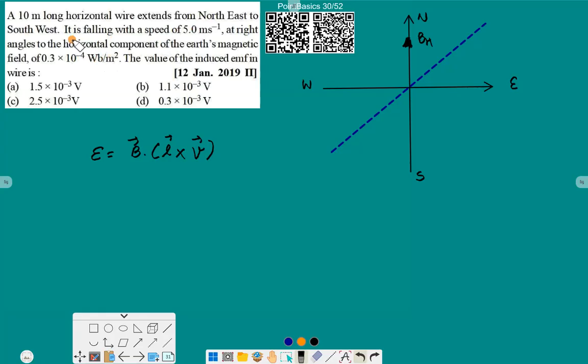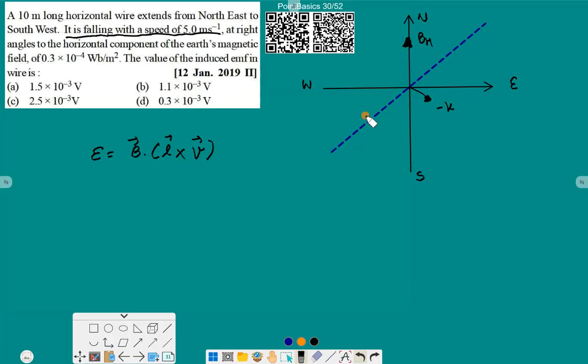Here the falling speed is 5 into 10 raised to power minus 10 meter per second. So this wire is going downward. Downward means it is moving in the negative z direction, into the plane of this screen, and so our velocity is in the negative z direction.